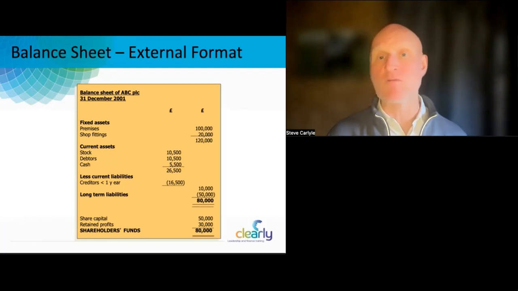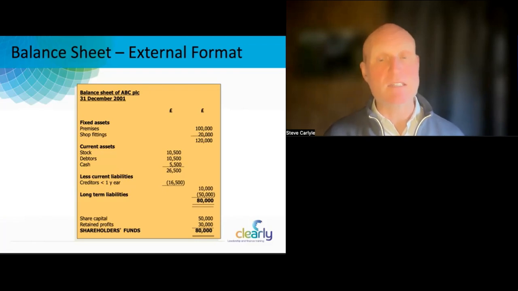Now, not all accountants do this. Not all businesses do this. Many businesses use minus signs, but a lot of businesses still put negative figures in brackets. So you can see at the top there that the current liabilities and the long-term liabilities are in brackets because they're negative figures at the top. They're deducted from the assets. So it's just a little bit of a way that we present things as accountants.